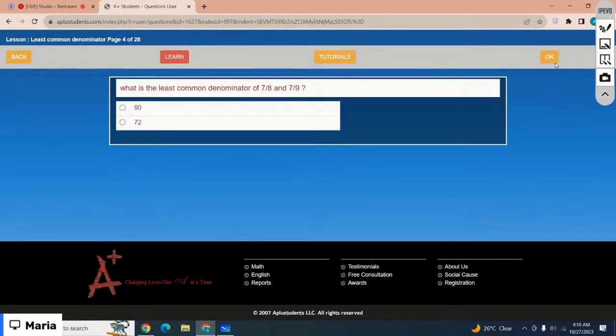What is the least common denominator of 7 by 8 and 7 by 9, which is the correct option? So you have to do 8 times 9, right? 8 times 9 is 72. The correct option is 72.